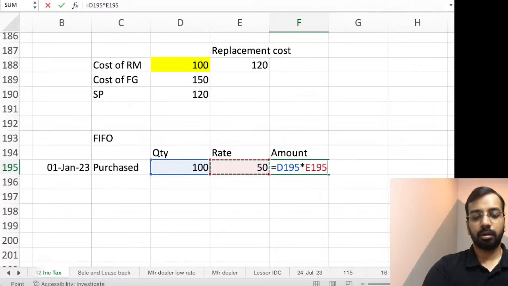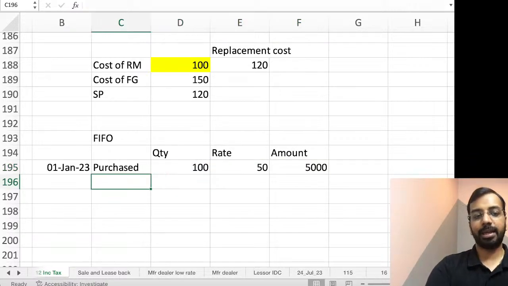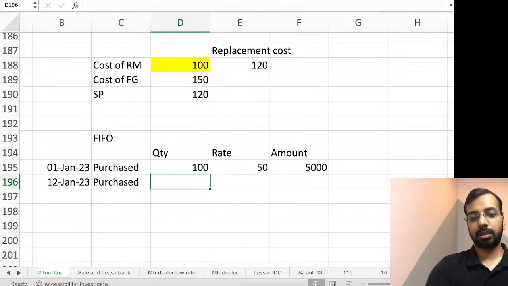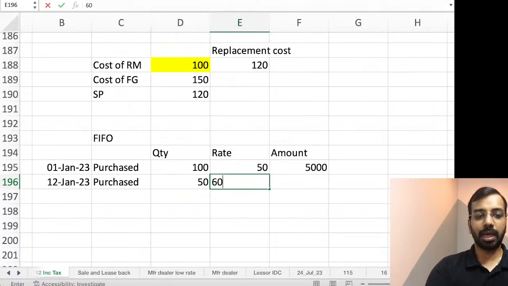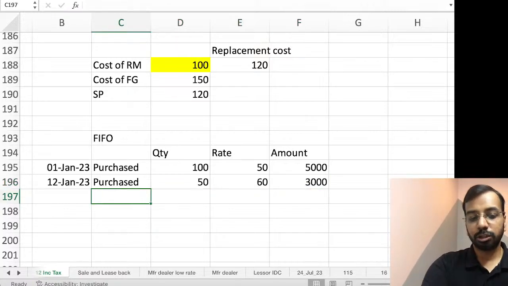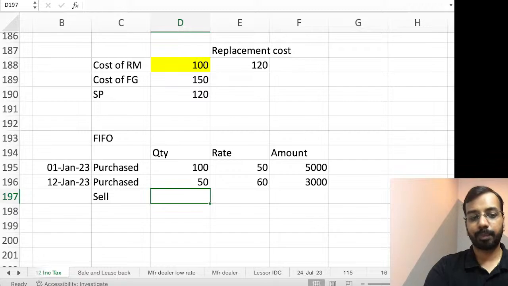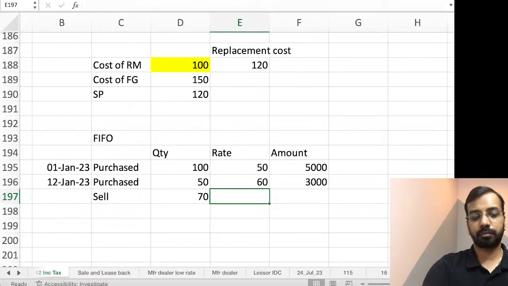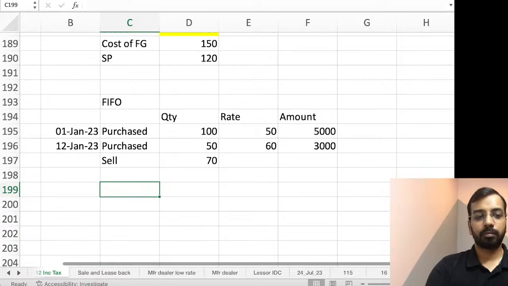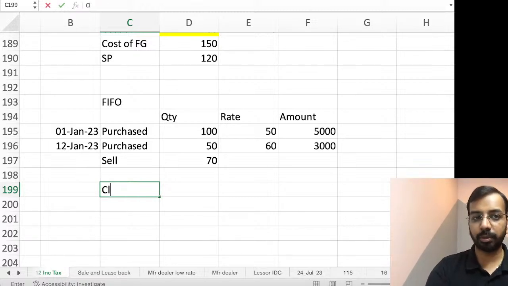Then on 12th of January of 23, again purchased, let us say 50 at the rate of 60, this became 3,000. Now when you sell under FIFO method, let us say you sold 70. Okay. Now if you have sold 70, while calculating closing stock, how much is the closing stock now?